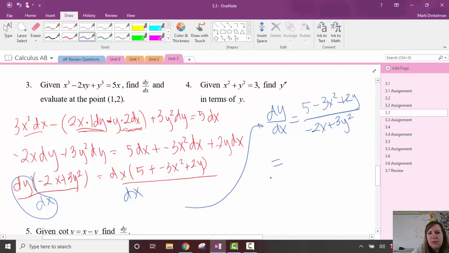And then they also wanted me to plug in the point (1, 2). So let's see what that's going to be. 5 minus 3 plus 4, and then negative 2 plus 12 in the denominator. So 6 over 10, or 3/5.